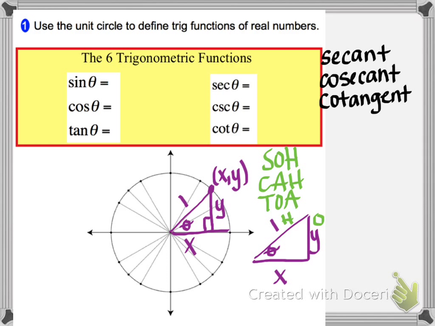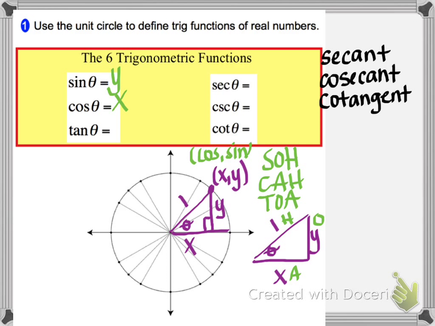So that tells me that the sine of theta is equal to the y value where that arc ends. Cosine is adjacent over hypotenuse, so it looks like cosine is the x value. So this point x, y, you could also think of it as cosine, sine.